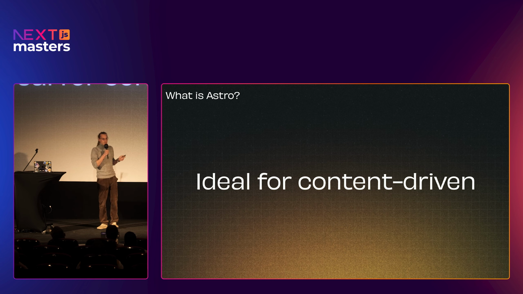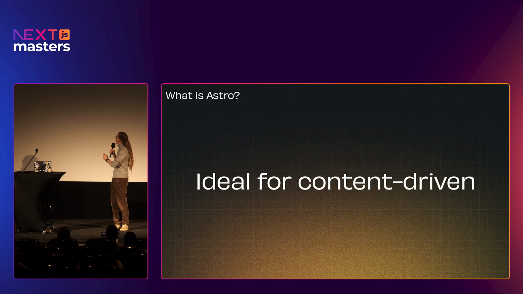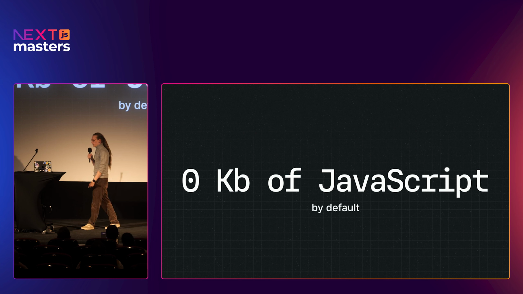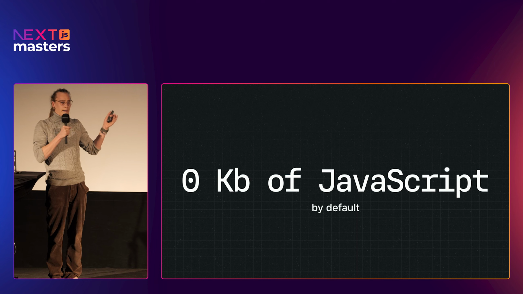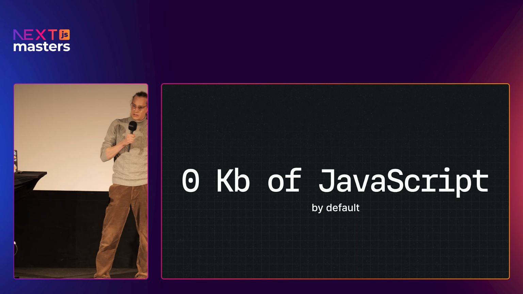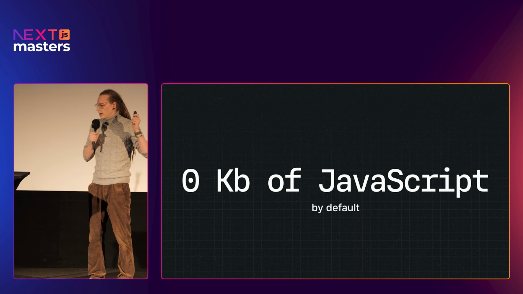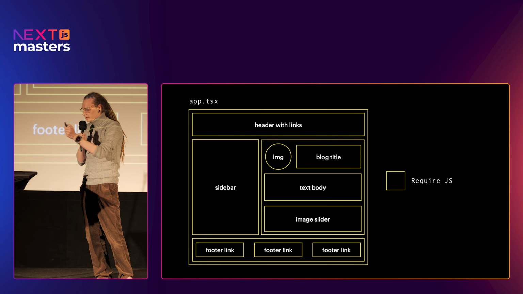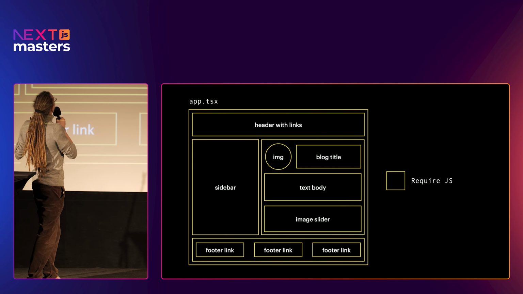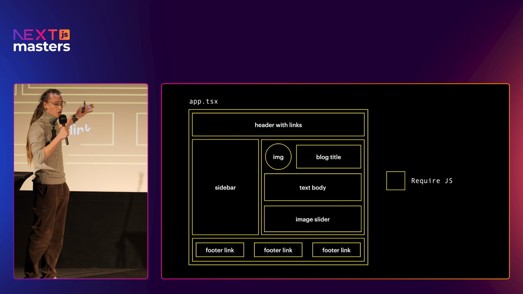Why do we say it's ideal for content-driven websites? Well, this thing, we saw it this morning: zero kilobytes of JavaScript by default. We were the first to take this approach, and it's super interesting. Imagine we have this page in, let's say, Next.